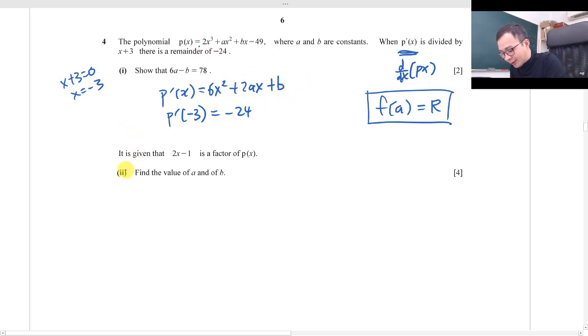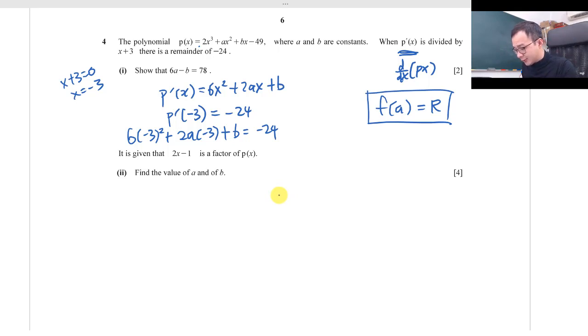So 6 times negative 3 squared plus 2a times negative 3 plus b equals negative 24. So 9 times 6 is 54. And then plus 24, I move 54 to the other side.